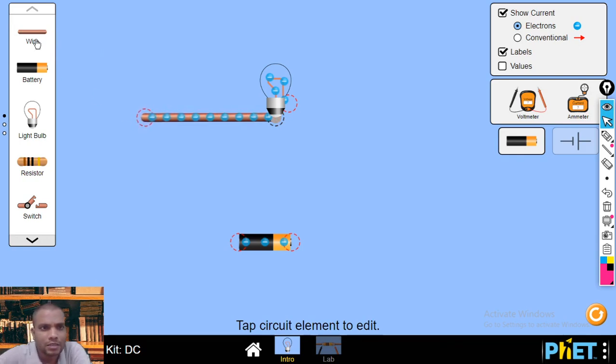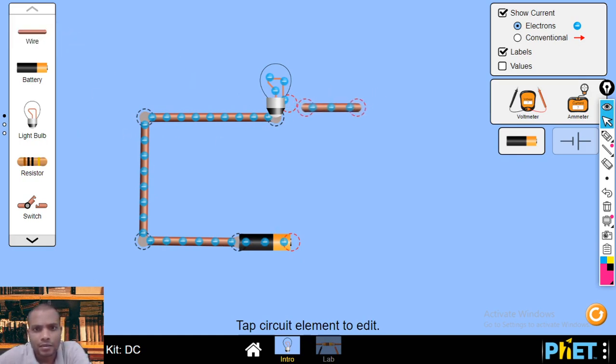Let me quickly connect these wires like this. The cell has two terminals, one positive and one negative. I connected the negative terminal through wires to a bulb, and the other end also we need to connect.